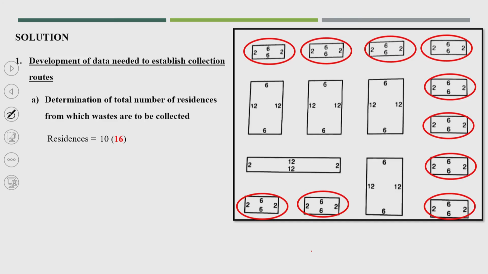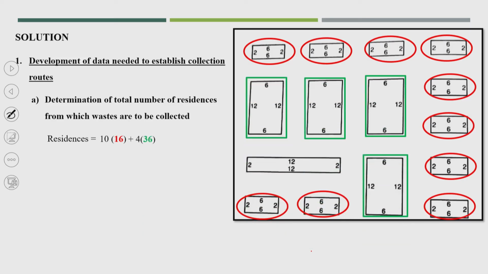We have 2 and 6... so this comes to 16, that is for 10 blocks: 16 residences of 10 numbers, 36 residences of 4 numbers, and 28 residences of 1 number. So, we can finalize 332 residences in that particular residential area.